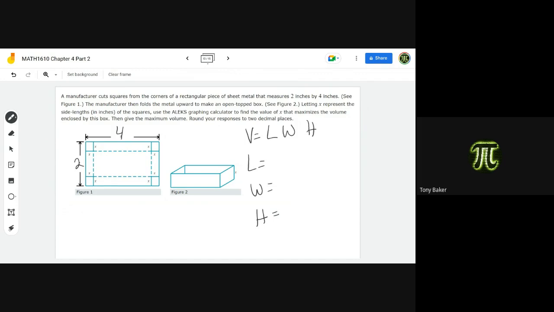What's the length? Oh, that's fine. I made that my width, so 2 minus 2x. And then the length would be 4 minus 2x. And my height would be x.